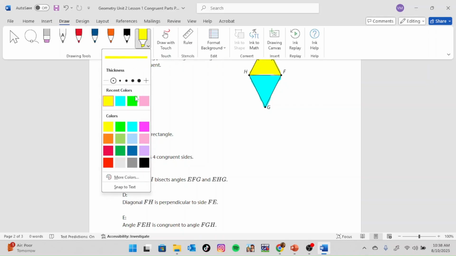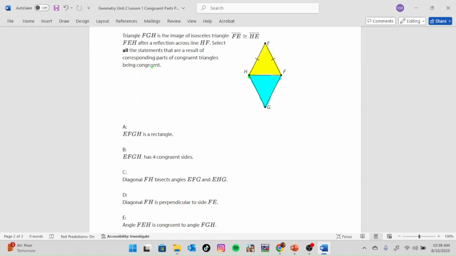So this line crossing right here in the middle. Select all the statements that are a result of corresponding parts of congruent triangles being congruent.